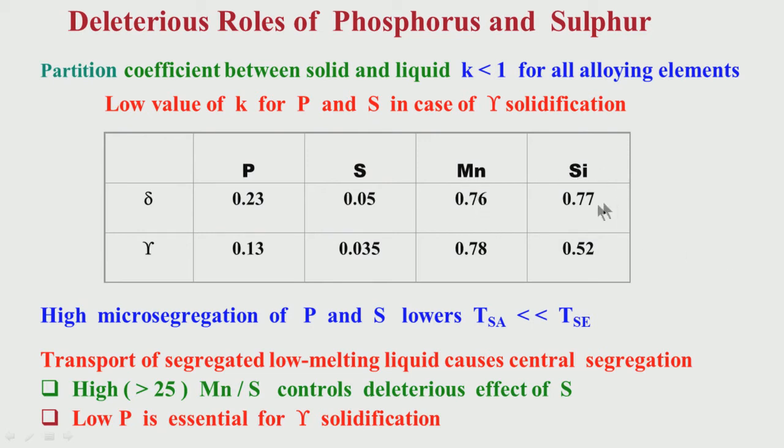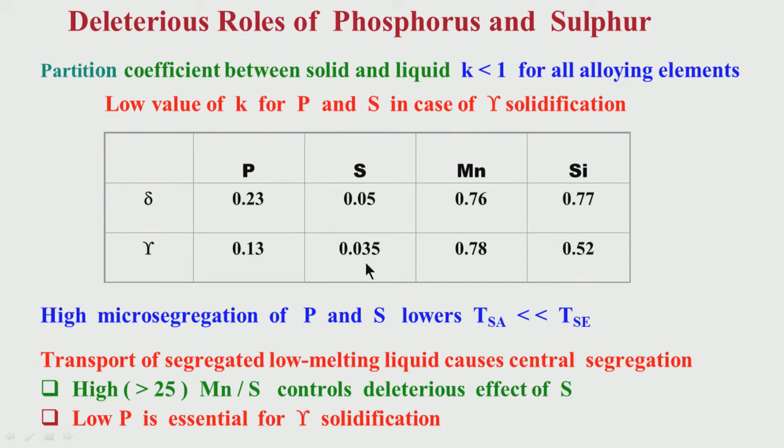Manganese, silicon, what are the values of k? It is around 0.7, and look at the values of phosphorus and sulfur in delta and gamma. In delta, 0.23 for phosphorus, and for gamma solidification it is 0.13, still lower. Sulfur is 0.05, compared to phosphorus, sulfur segregation is more, and in gamma 0.035.